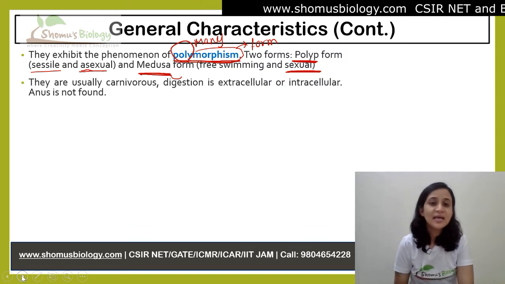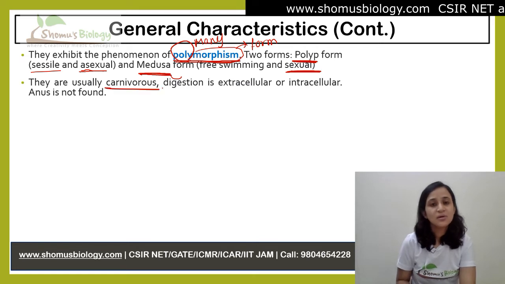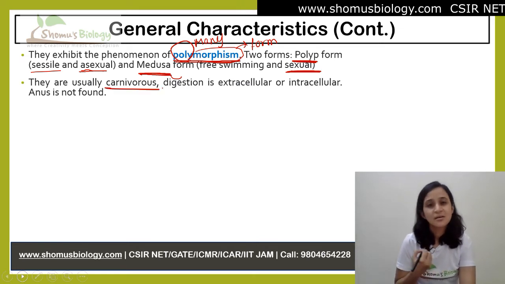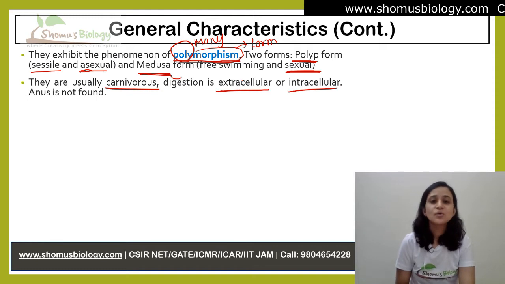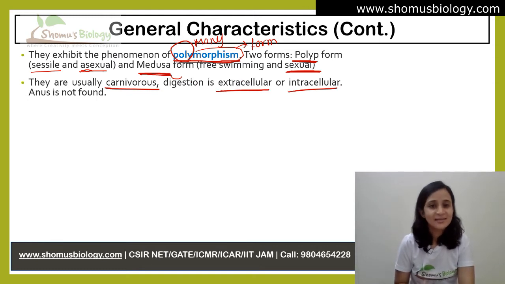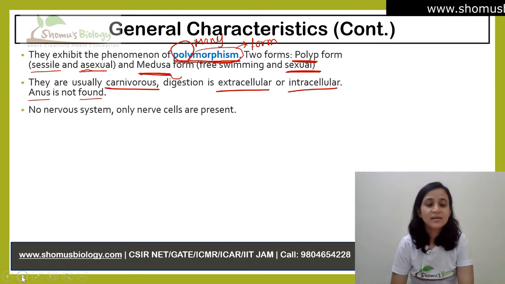They are usually carnivorous, so they eat animals, and digestion is extracellular and intracellular. So their digestion may happen either inside the cell or outside the cell, and an anus is not found. You will not get any anus in these animals.